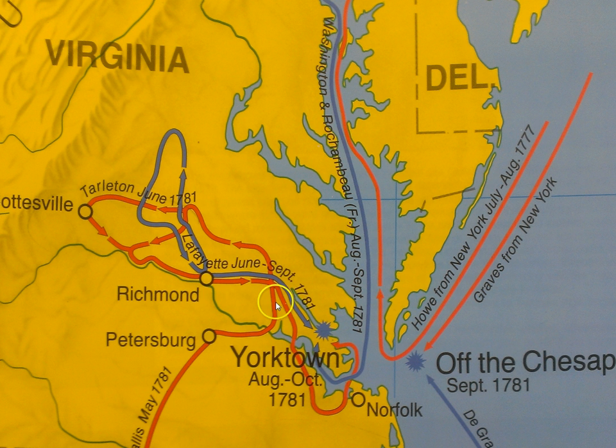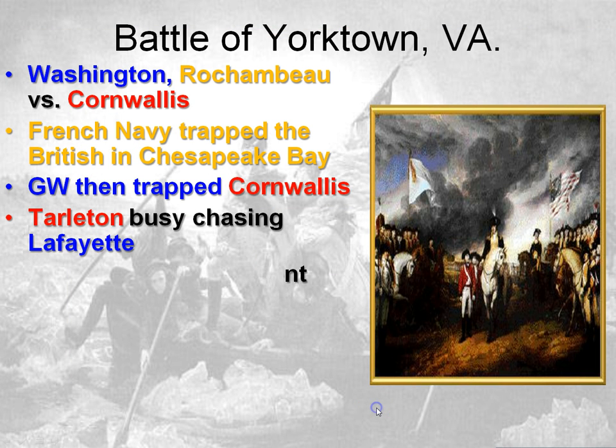In the meantime, Lafayette is biding time while Rochambeau and Washington can come from down here to surround Cornwallis, where he ends up entrenching himself here at Yorktown. And here's where Graves came down from New York and ended up fighting a battle off the Chesapeake. And so this was just ideal. It was perfect planning and perfect setup.